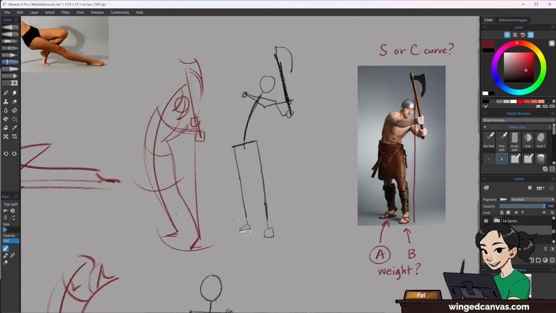If I wanted to make this pose have a little bit more action, I would probably put this leg on his tippy toes. If this foot was lifted and this foot was steady, then you would be able to see that weight transfer even more. So again, try to avoid just drawing the torso and then drawing the legs very literally like this, right?